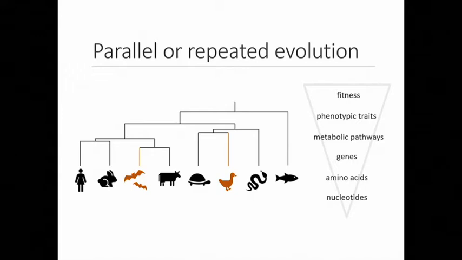And so I've thought about repeated evolution across these different levels. A lot of what I think about, though, focuses mostly on the gene level. So how often do we see the same genes coming up over and over again as being involved in adaptation across independently evolving lineages or populations.